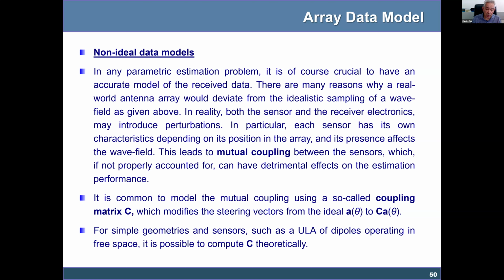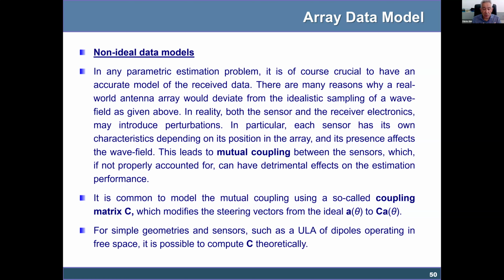So if we know the geometry of the array and we know the frequency response of each sensor. To take into account the mutual coupling, you can multiply the ideal steering vector by the so-called coupling matrix C. So the coupling matrix C models the effect of coupling between different sensors.